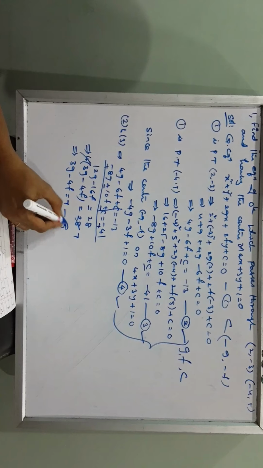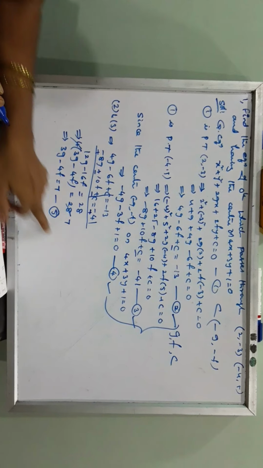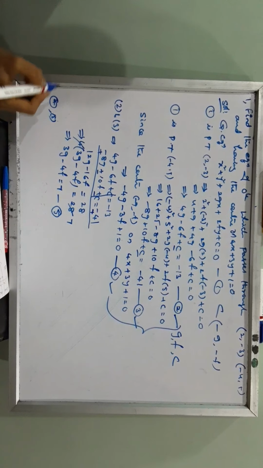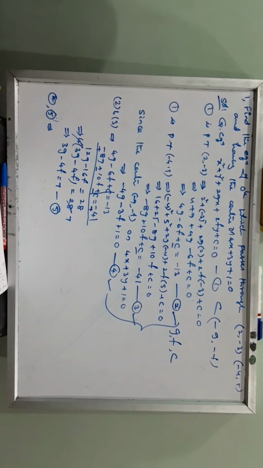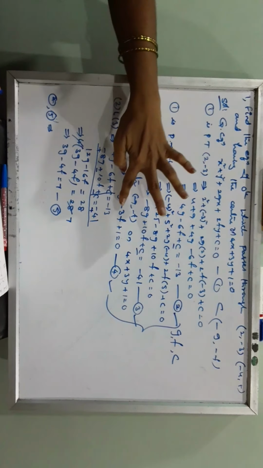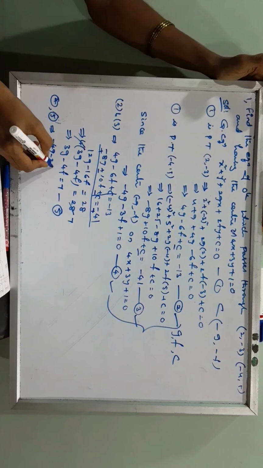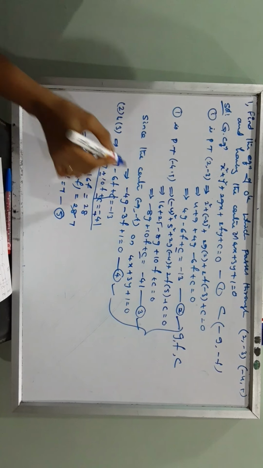So equation 5. Now from equation 4 and equation 5: equation 4 is -4g - 3f + 1 = 0.